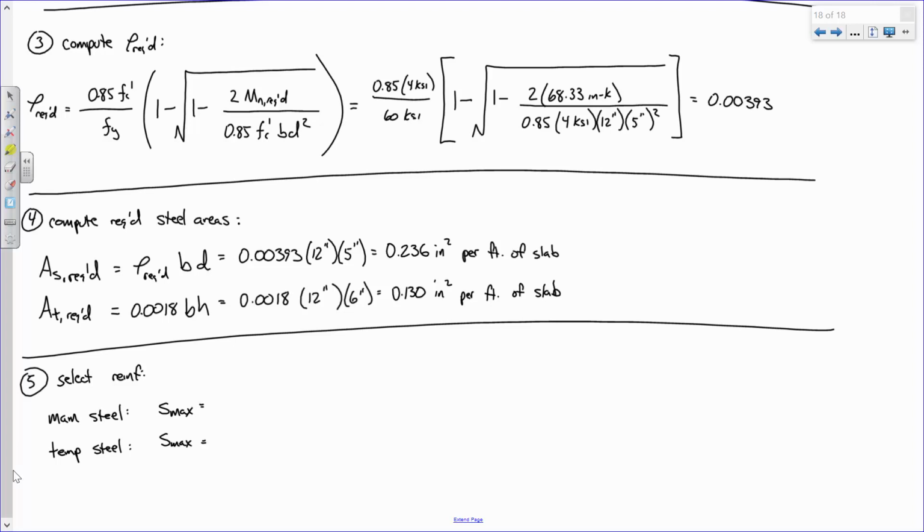In other words, before we start going off of this chart and figuring out what reinforcement pattern should we use, I want to see what we should cap our spacing off at.